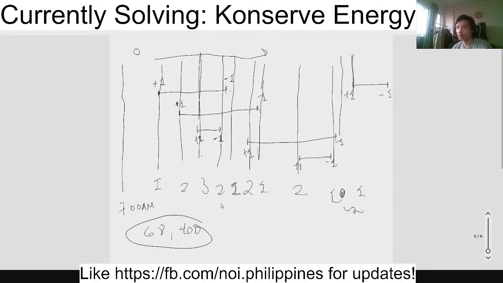But we're going to change what we store in that list. Instead of storing for each time, actually, there are 2 ways to go about this. The first one is, let's still make a list of 68,400.